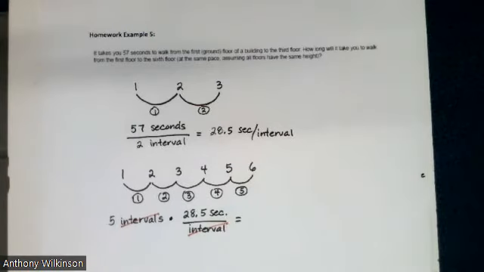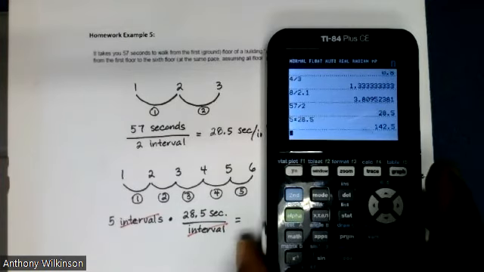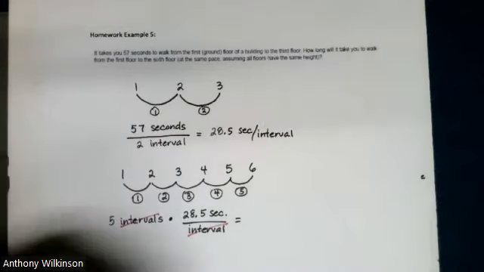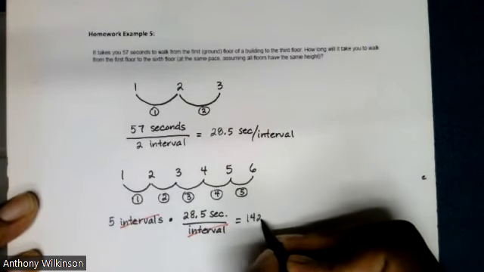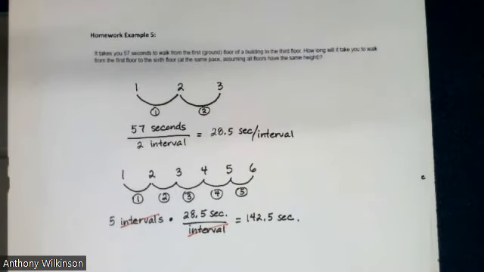So if I do 5 times 28.5, you'll get 142.5 seconds. Okay. So to answer that question, it would take us 142.5 seconds to walk from the first floor to the sixth floor, assuming that all the floors have the same length and that we're going at the same pace.